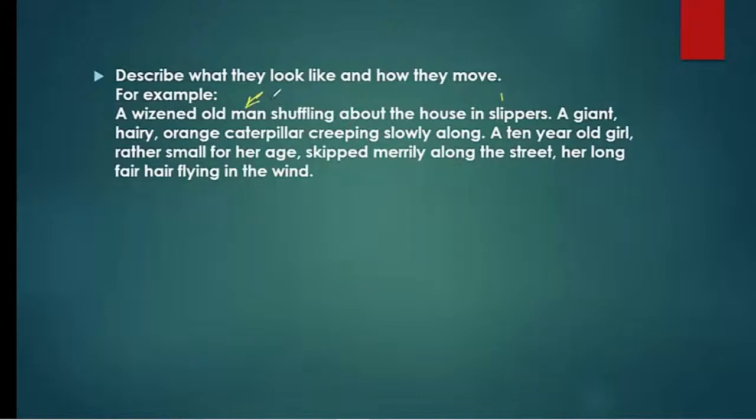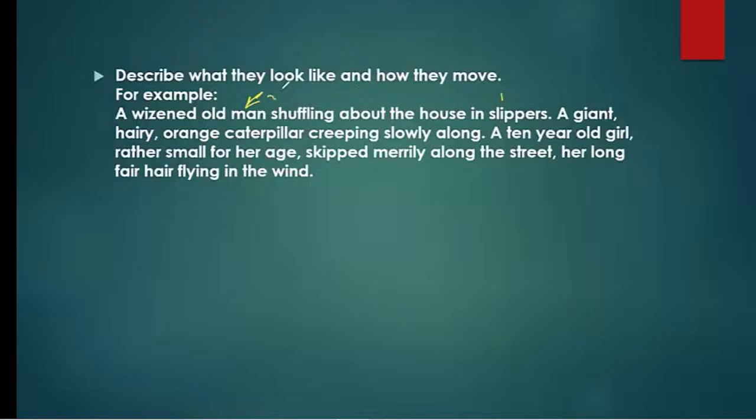If you look at the short paragraph, you will find some great description of the old man here. Please tell me how the man is described here. A wizened old man. Yes, perfect.